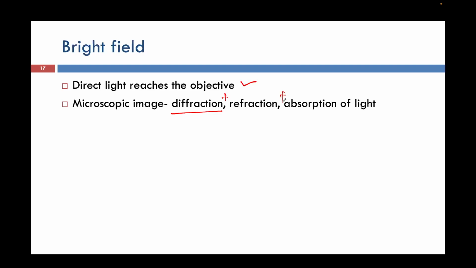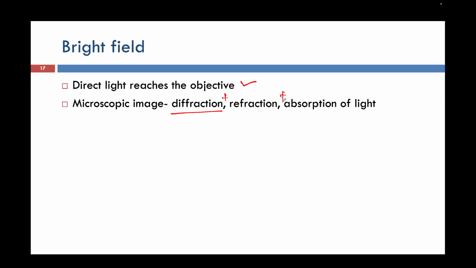People always get confused between bright field and dark field images: whether the background is dark or bright, whether the image is bright or dark. Here you do not have to get confused; just understand the simple mechanism.